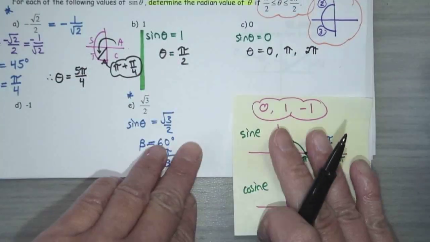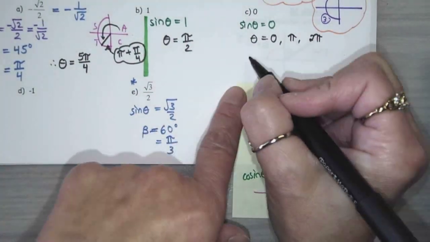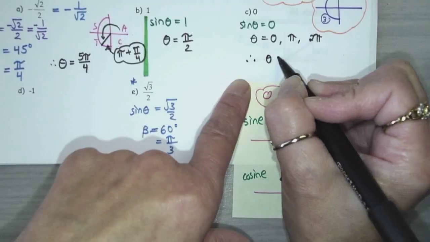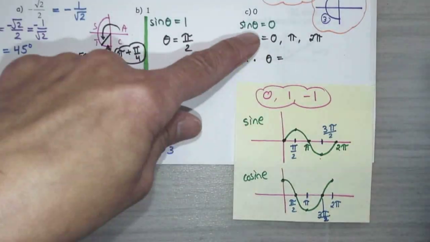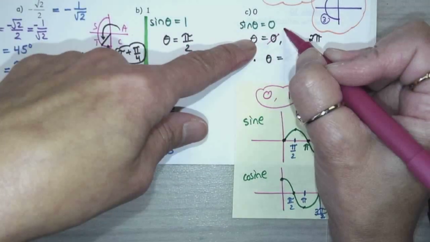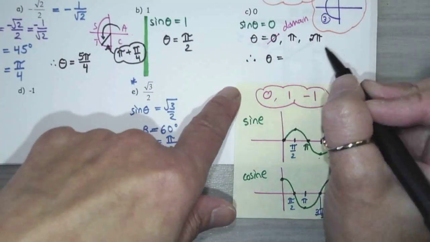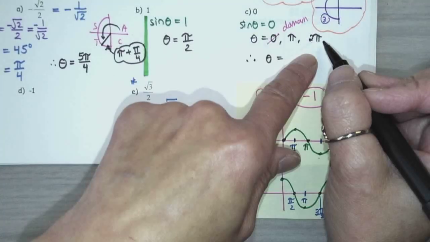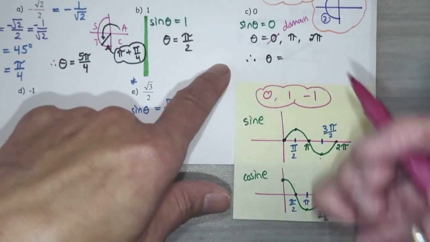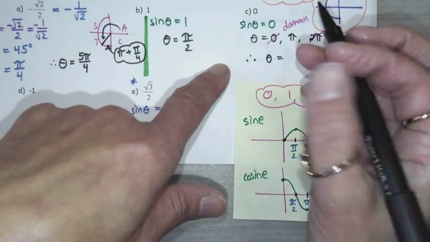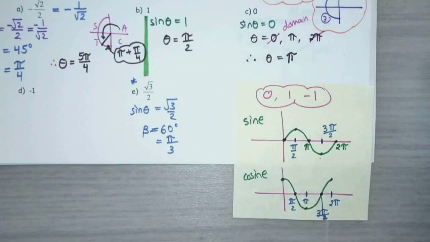So therefore, theta equals, so this one, I'm going to take off which one? Because of the domain. So pi and 2 pi, oh wait, no, can I do 2 pi? I can't. It's also out of the domain. Oh, sorry. So I'm going to take off here. So domain, and so pi only? Is that okay? Thank you.